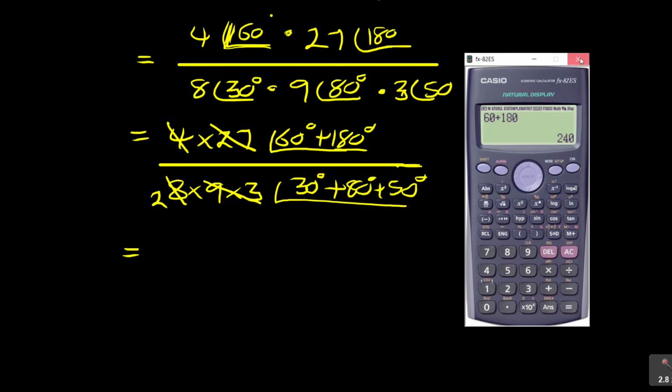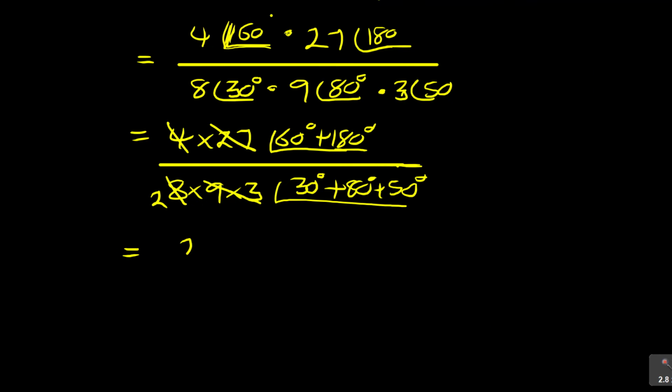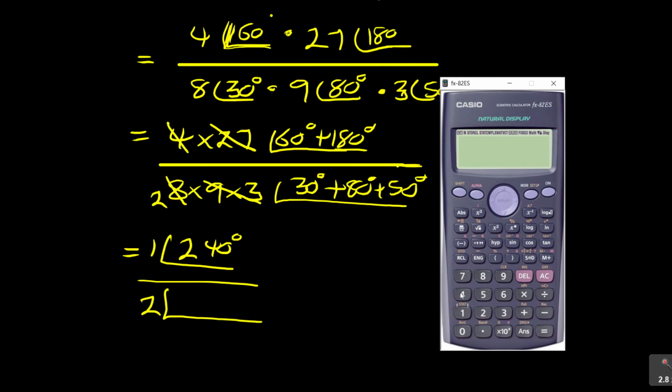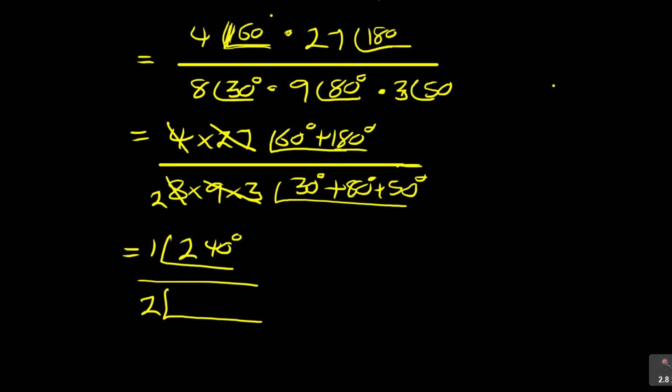It gives me what? 240 degrees over 2, and then if I add the bottom one, I'm getting 30 plus 80 plus 50, which is 160. I hope this is fine.